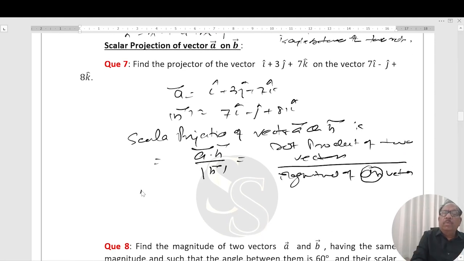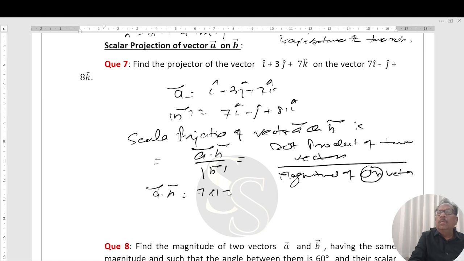a dot b will be 7 into 1 plus minus 1 into minus 3 plus 8 into 7. This is plus sign.